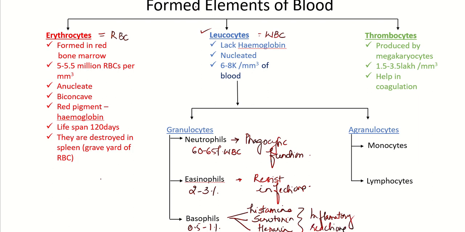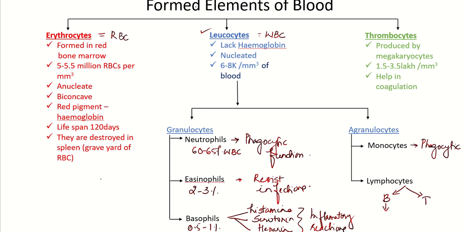Now coming to our agranulocytes, we have the monocytes and lymphocytes. Like the neutrophils, monocytes are also phagocytic in function. They eat the foreign bodies. The lymphocytes are of two types, the B lymphocytes and the T lymphocytes.